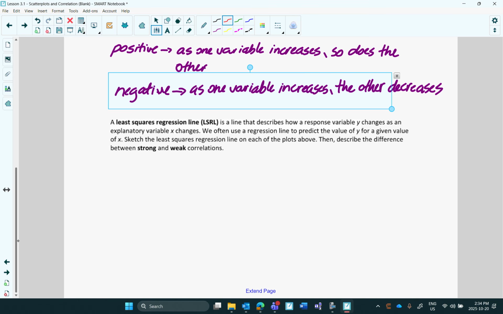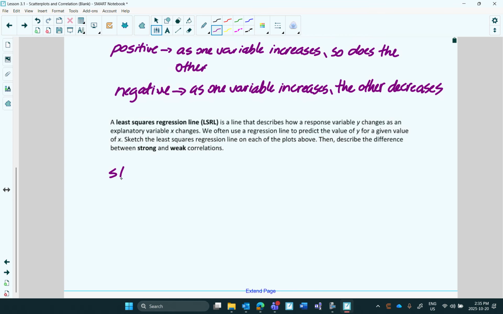So we were asked to describe the difference between strong and weak correlations. In a strong correlation, what do you notice about the points and the line that we placed on? What's the relationship between the points and the line? They're close. The stronger the correlation is, the closer those points will be to the line.